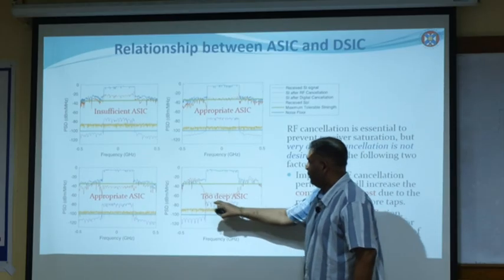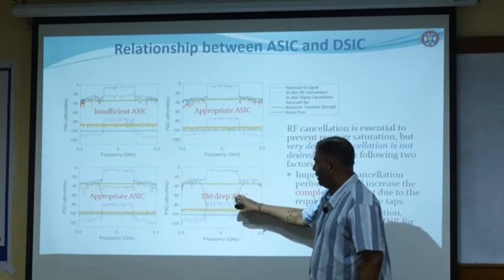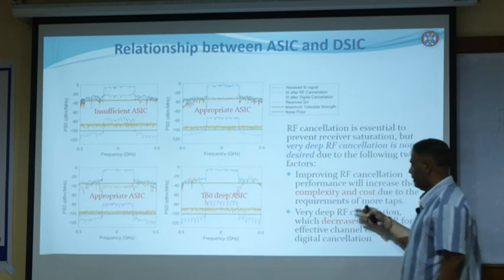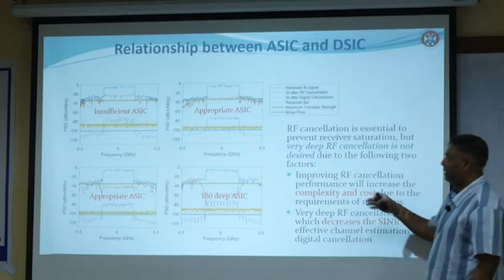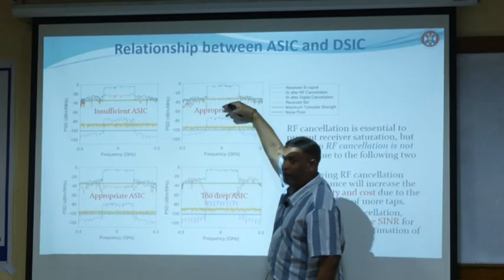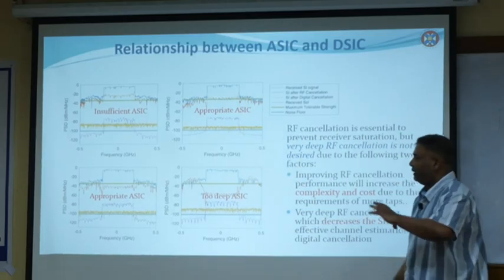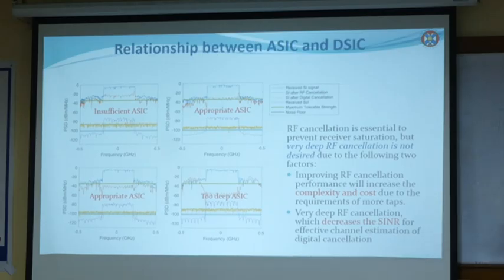If you cancel too much, then the digital domain cancellation becomes a problem. So you need to cancel the self-interference to an appropriate level such that the remaining self-interference can be canceled in the digital domain. If you cancel more, you are unable to estimate the self-interference channel properly, and then you cannot do much in the digital domain.